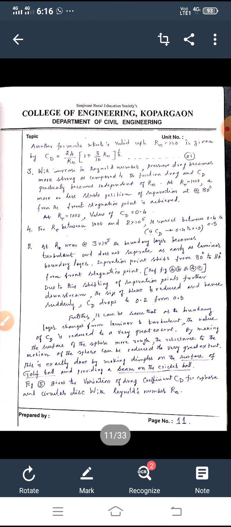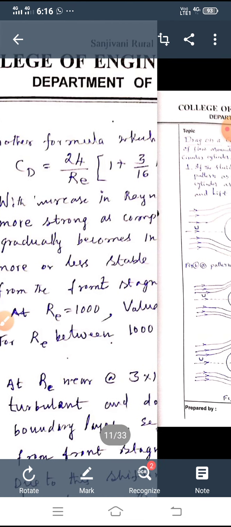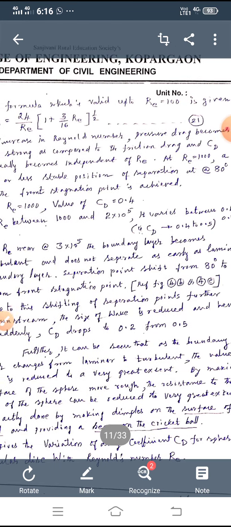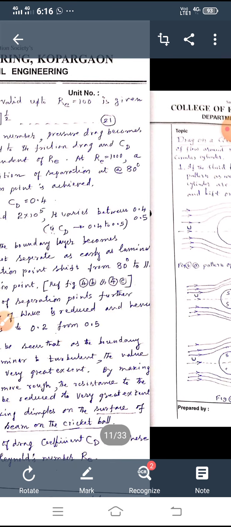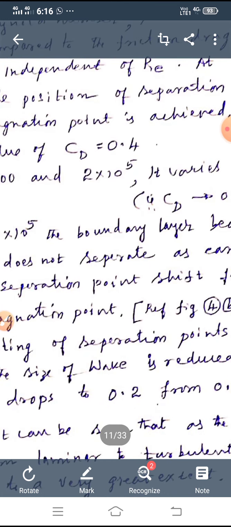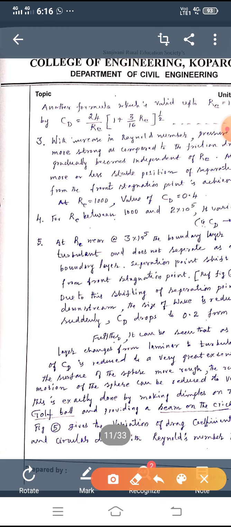Further afterwards, the same formula can be modified for Re up to 100. Means up to Re value of 100, the CD will be equal to 24 by Re into 1 plus 3 by 16 Re, the whole to the power of half.